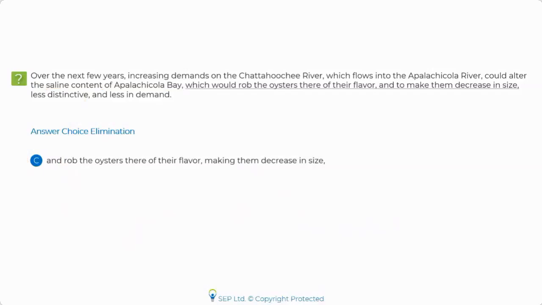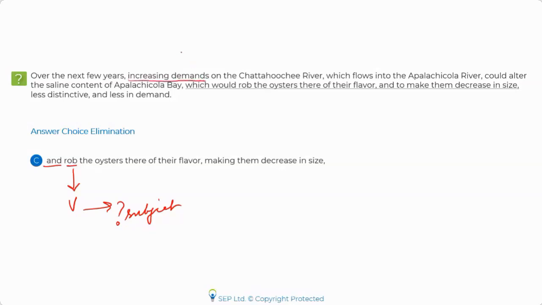C, again, and rob. So rob is a verb here. Okay. What is the subject, guys? Let's see. So if I have and rob, the subject will have to be increasing demands.